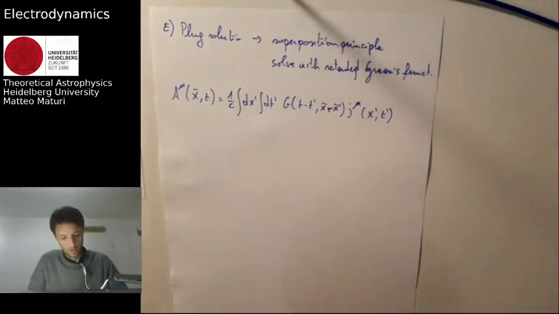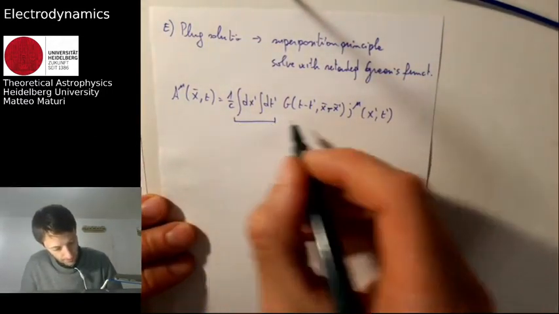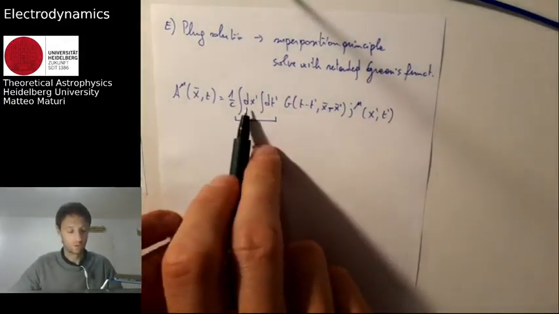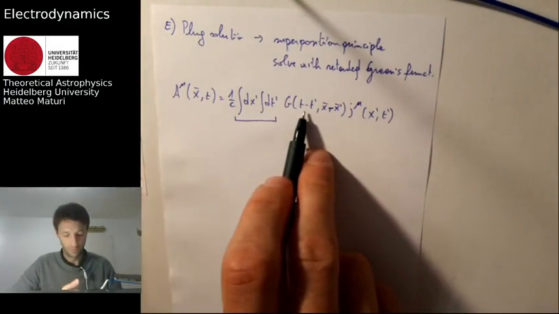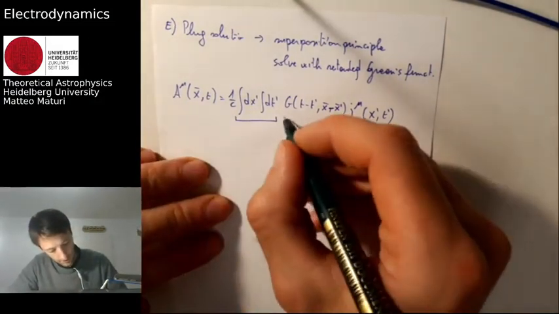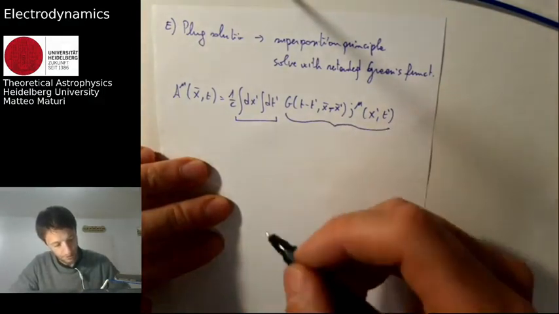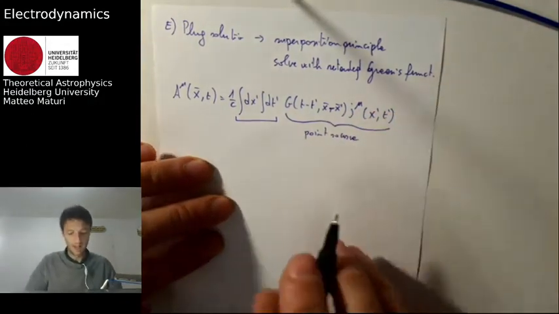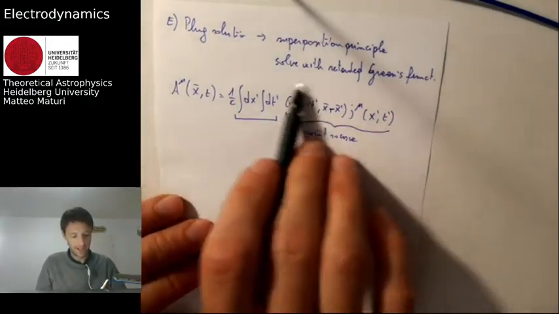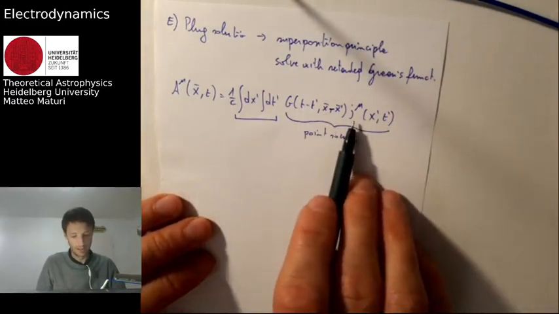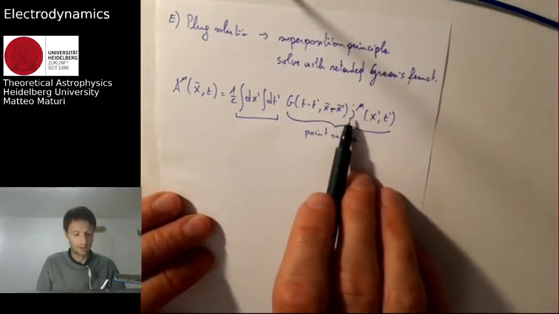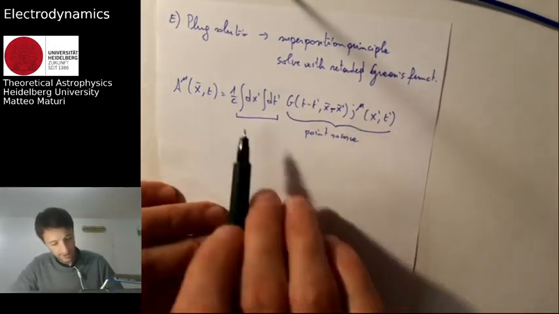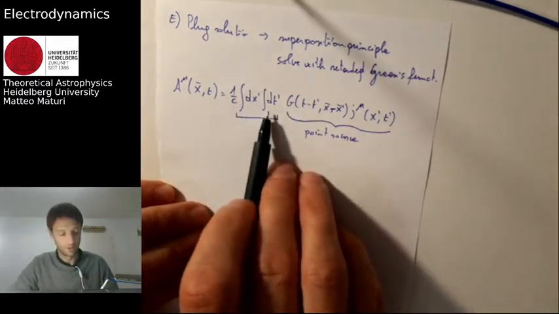Okay, superposition principle. Look at this. We have a symmetry of the contribution of all the sources of the potential. What are the sources of the potential? They are point sources. You see, this is a charge. So this represents a charge with a certain density, with a certain current J, and you see you are summing the contribution of all of those particles.